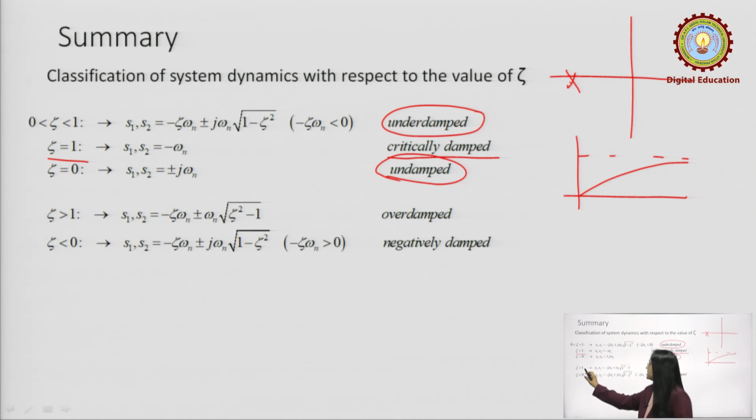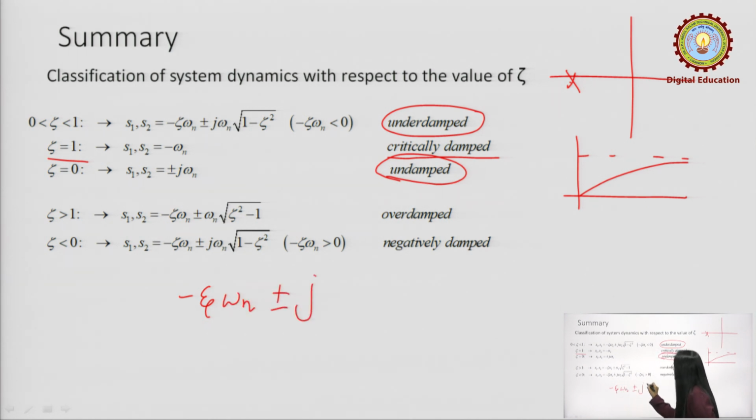Now, what happens when zeta is greater than 1? As we know, the roots of the equation are minus zeta omega n plus or minus j omega n root of zeta square minus 1.